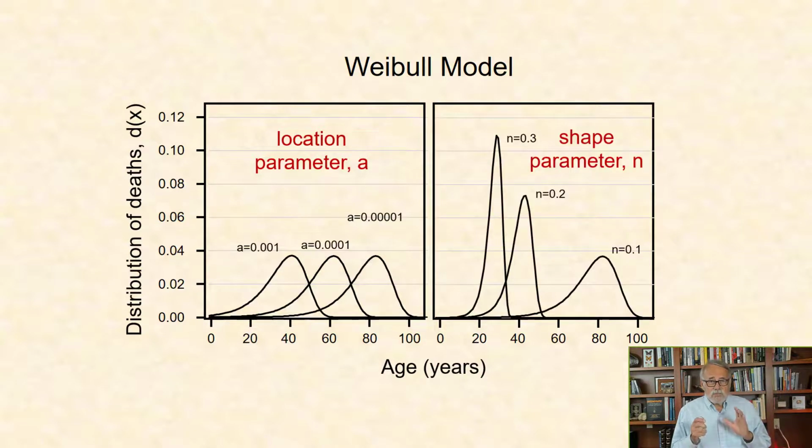In contrast, the shape parameter N can shift the location, but more importantly changes the shape, ranging from narrow to broad distribution. So the combination of parameters A and N in the Weibull model have the potential to allow this model to be fitted to virtually any observed death distribution, whether it's in humans as well as in non-human species. This adaptability is one of the main strengths of this model.